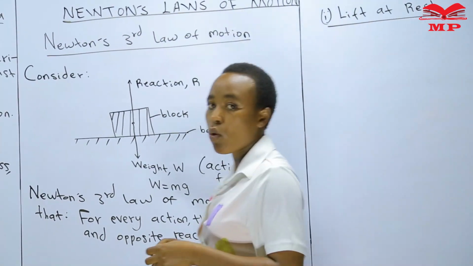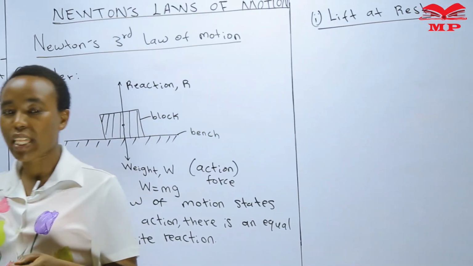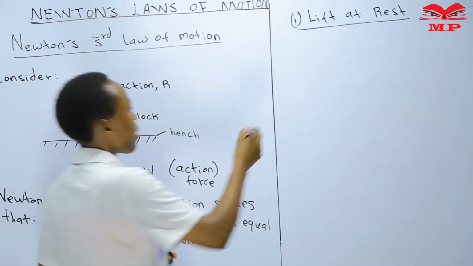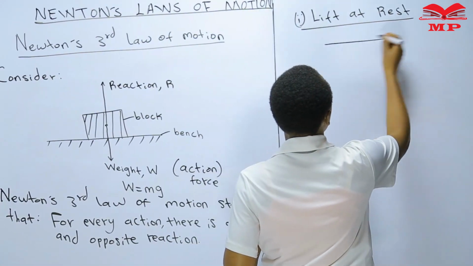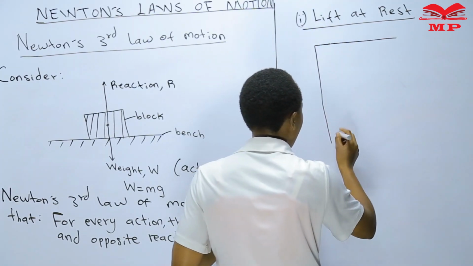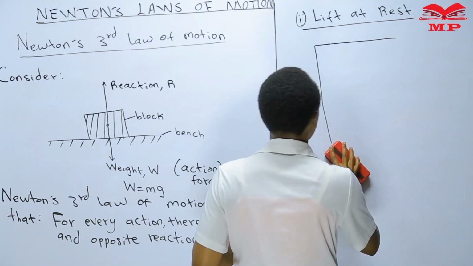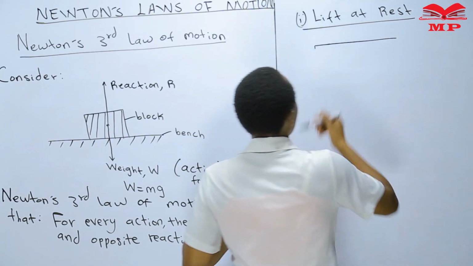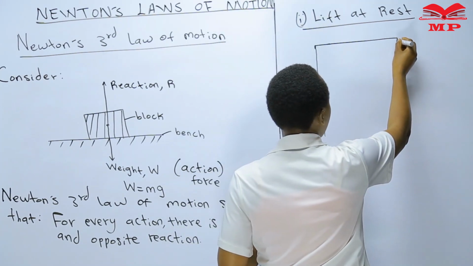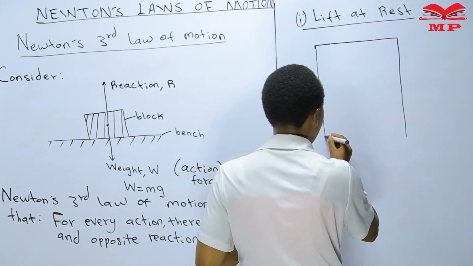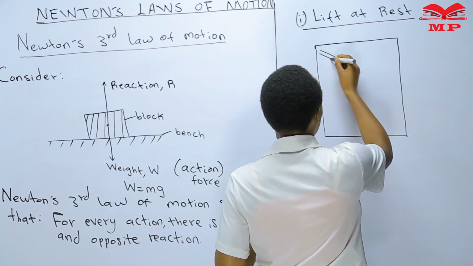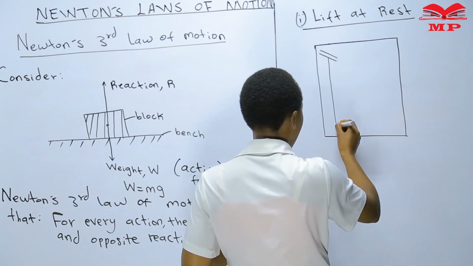We get to know what will be the reading on the scale. If we have a scale in the lift, for example, this is what we mean. Let's say this is our lift, and then we have a scale. We want to know what the reading on the scale will be when the lift is at rest.